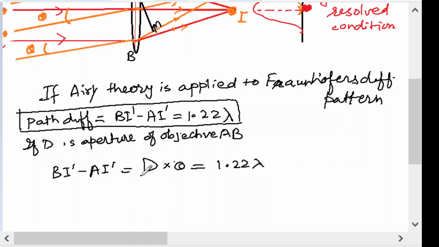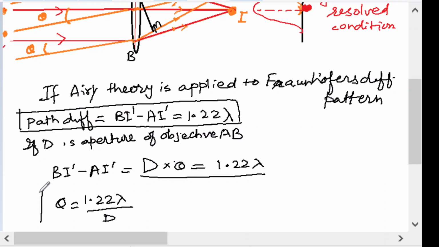Now from this equation we can write theta is equals to 1.22 lambda upon d.